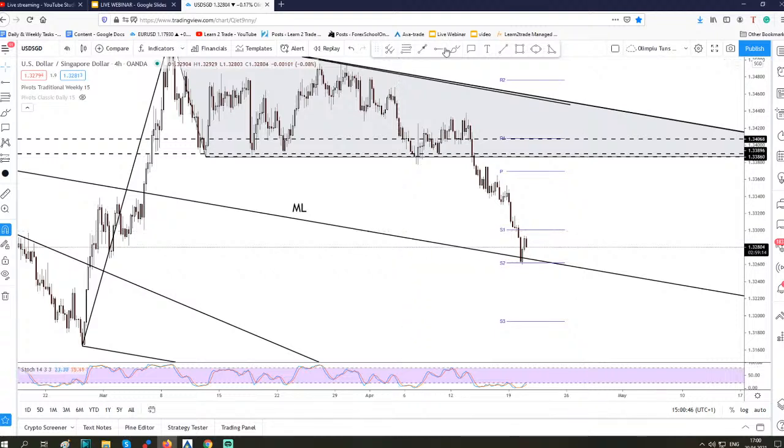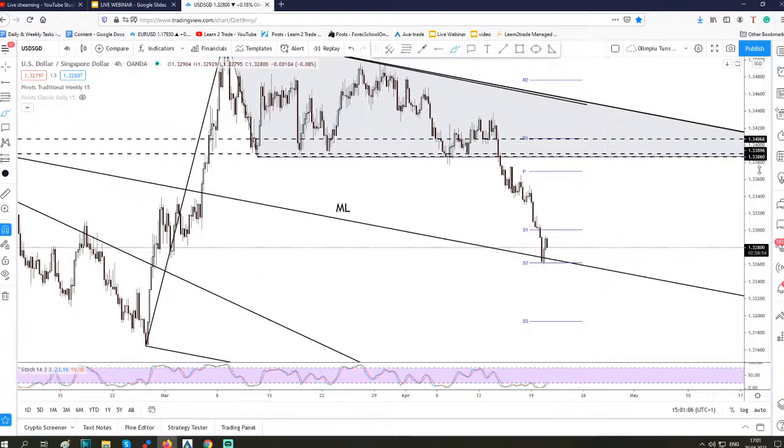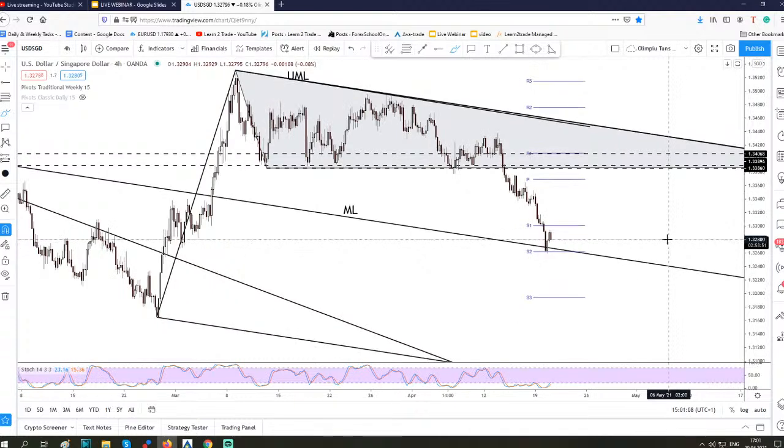Maybe if the price moves sideways here, test, retest, false breakdowns below the medium line, below the S2, if it fails to make a new lower low, then maybe we could look for a buying opportunity.